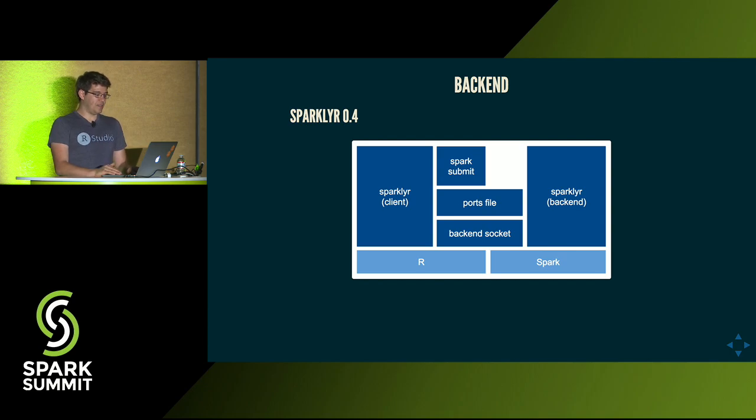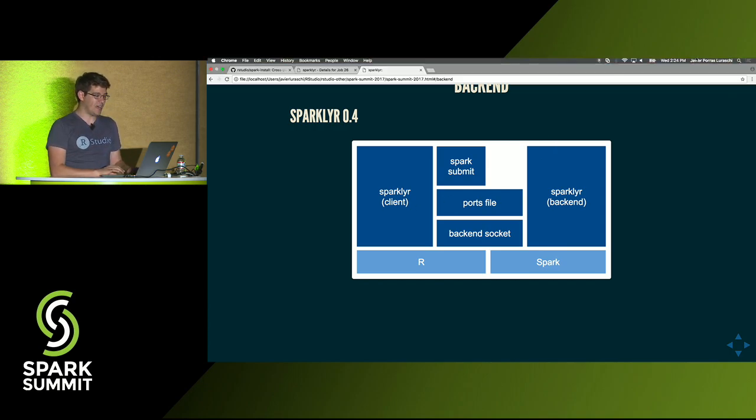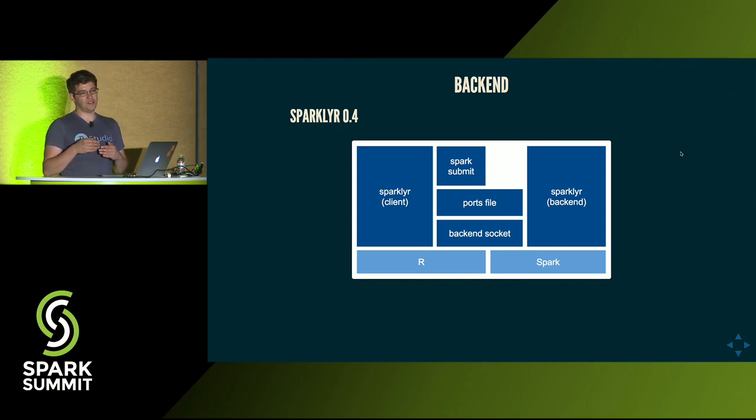So the general overview of how Sparklyr was initially built looks like this. As you have probably already figured out, there's a client component to it and a backend. The client is basically all the functionality that lives in Sparklyr itself. It's the functionality that allows us to connect, to install, to run a machine learning model, etc. However, what happens behind the covers is a little more interesting.